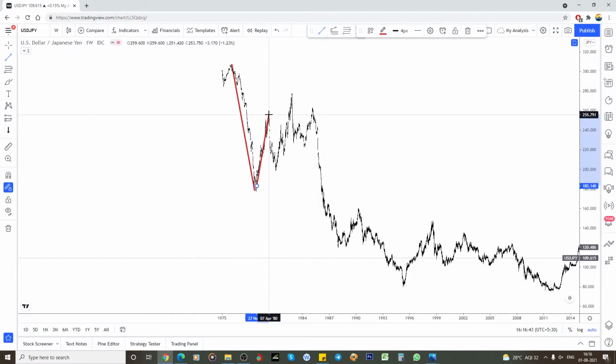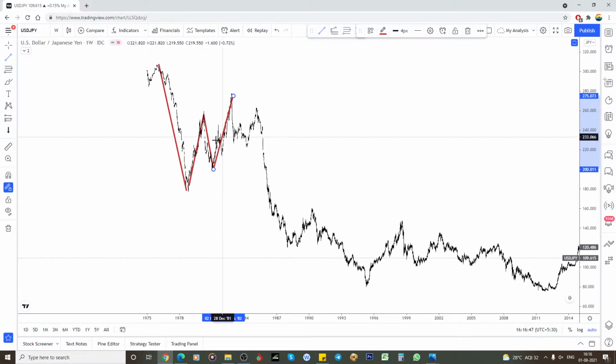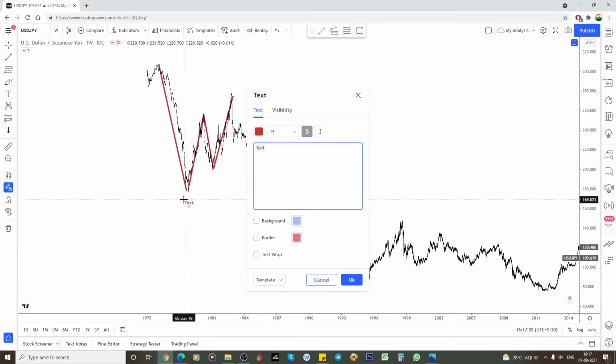After that, this is the A, this is the B, and this is the C. So this looks like a second wave, and we can mark this as an A also. Before this wave pattern, we can't come to a conclusion whether this is an A or 1. So this could be wave 1 or A. This is the 2 or B.